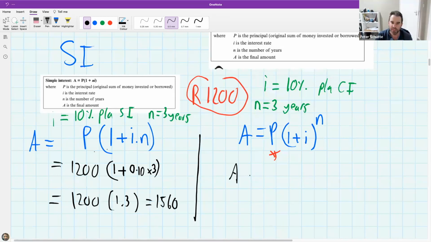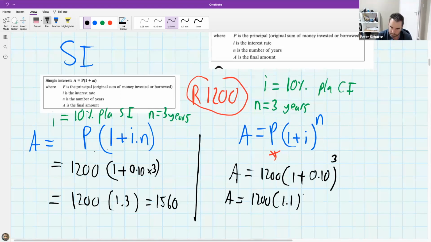Now, with the compound interest calculation, we're still going to start with 1,200. We're still going to have 10%, but now we're going to have a 3 as an exponent. And what that means is that this is 1.1 to the power of 3.